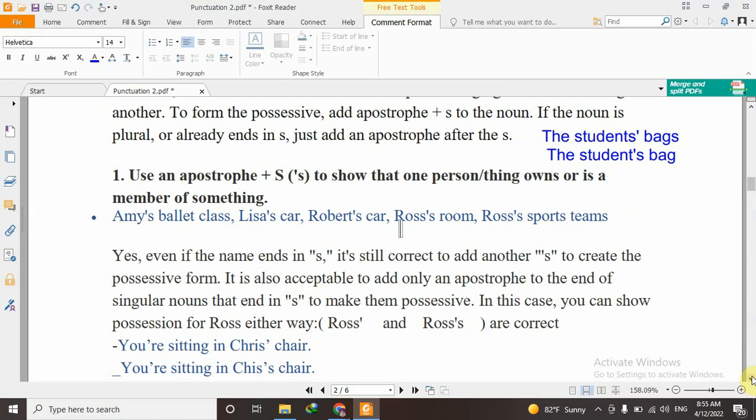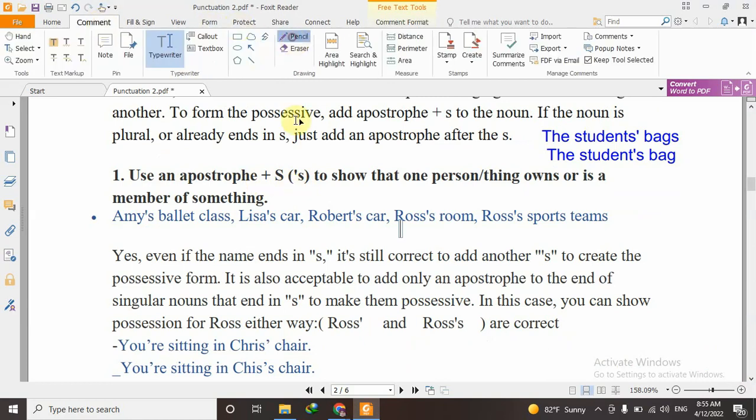Now, the first rule: use an apostrophe plus s, just like this one. Here we use the apostrophe and s to show that one person or thing owns or is a member of something.